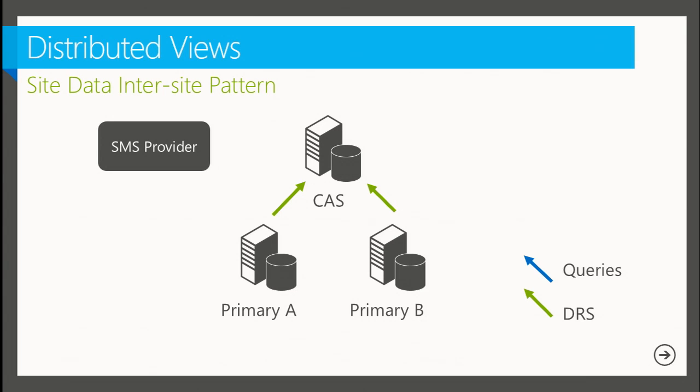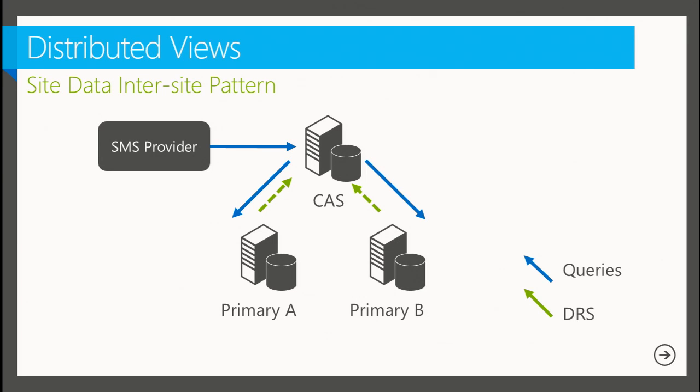So currently, DRS replicates site data up from the primary sites to the CAS. When you turn on distributed views, the SMS provider will query the CAS. The CAS will then configure replication to stop replicating hardware inventory, for example. And then the CAS will fire a query back down to the primaries.